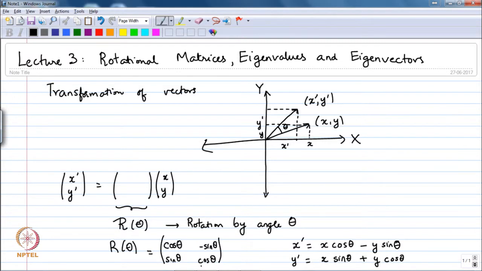You can easily work this out. It's not very difficult. So we saw that the rotation matrix is given by this matrix.